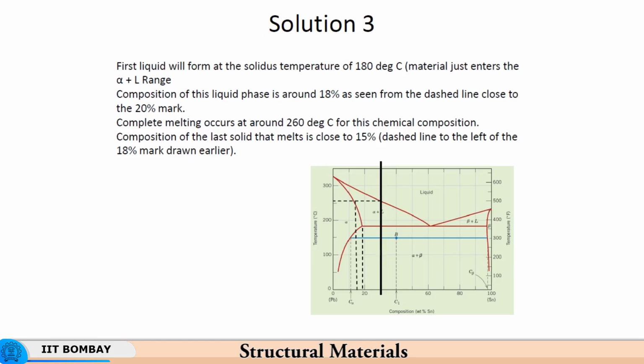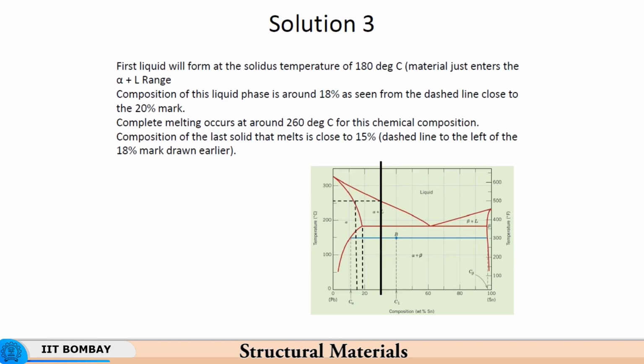Now, in the present context, it is about heating. So, when you heat it from room temperature upwards, as I have said earlier, as the temperature goes up, more and more tin gets dissolved. So, from beta, more and more tin will go into the solution, and so alpha will increase.